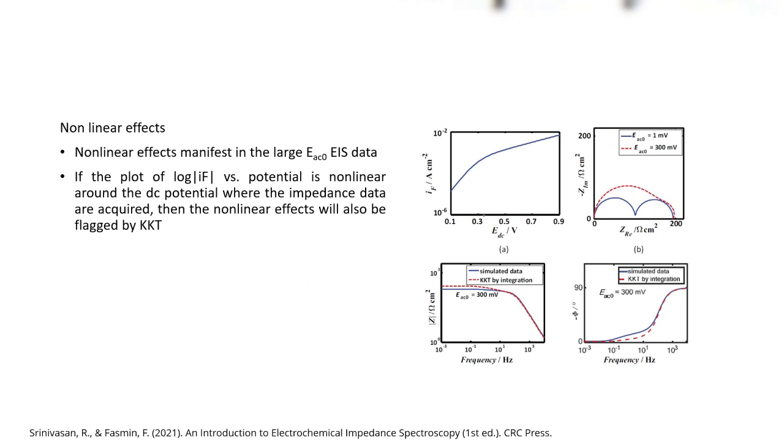So there's a plot showing the non-linear effect, and then an impedance was done. This is at 1 millivolt amplitude, and then I am increasing the amplitude to 300 millivolt. You can see that the system response changes completely when I increase the amplitude. So I can clearly say that at 300 millivolt, the nonlinear effects are coming into play. It is because of that I am not getting a repeatable result.